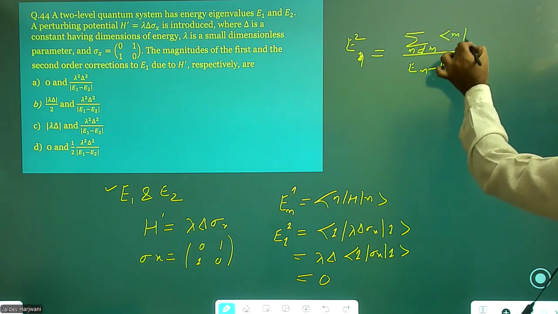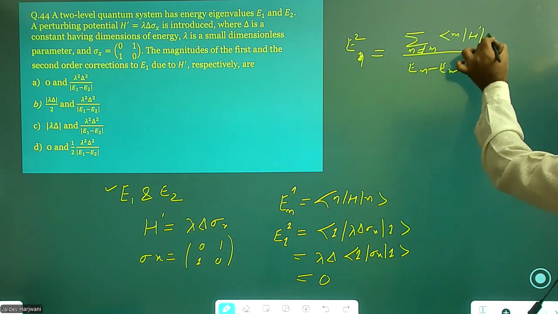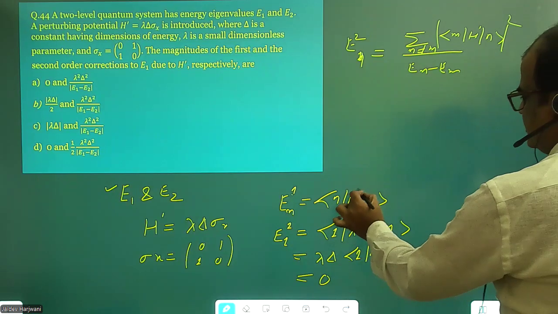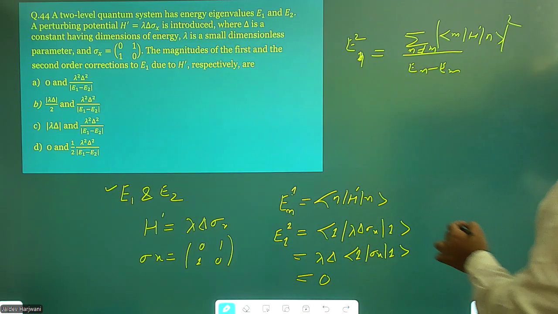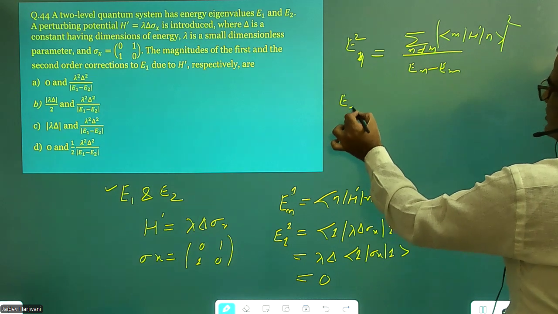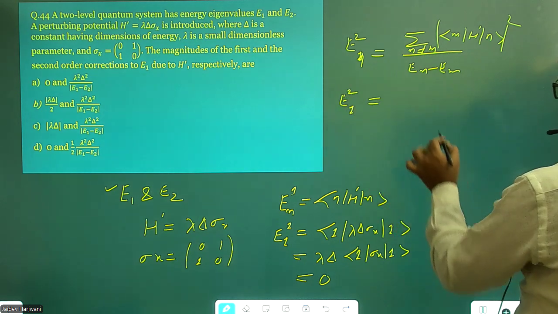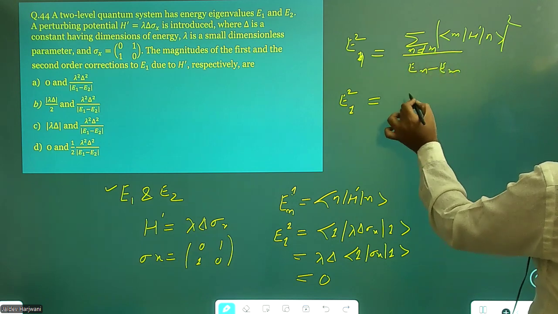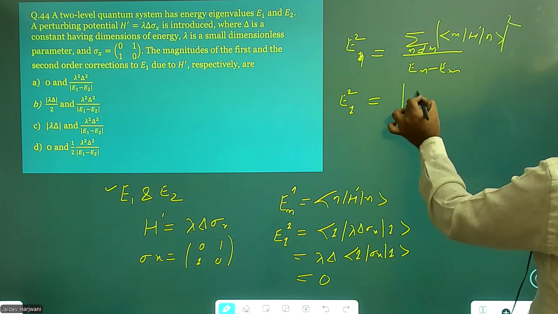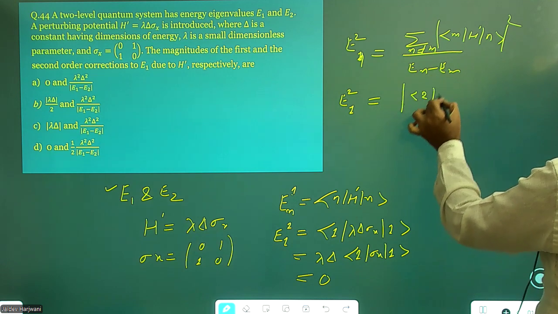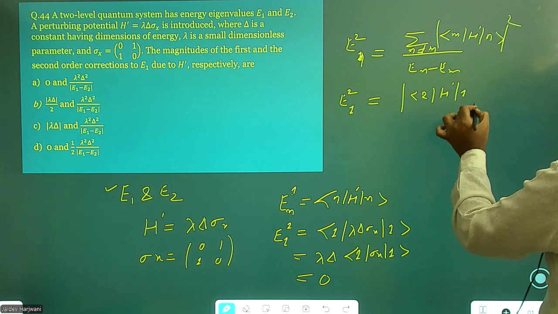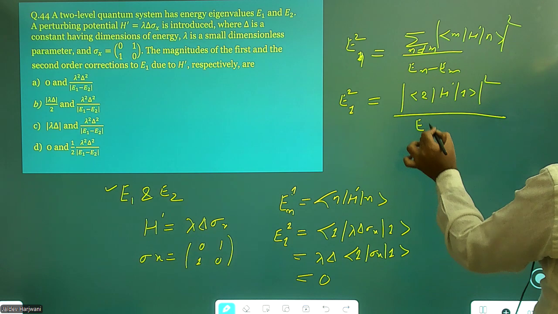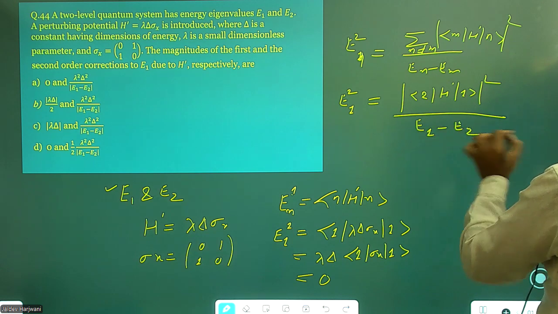You have H' here. Here there are only two levels, so I can write simply n not equal to m, so there will be only <2|H'|1> squared. Now the denominator is E1 minus E2.